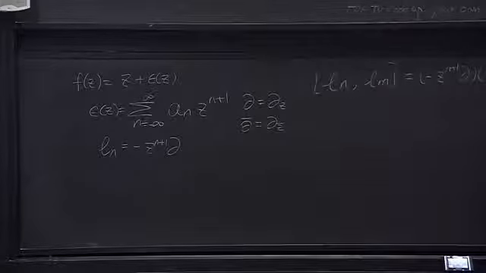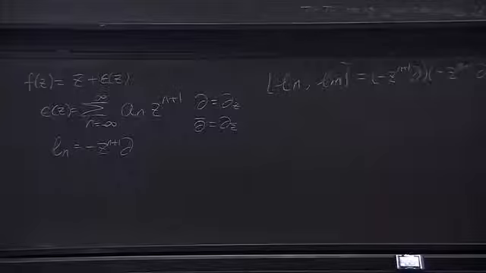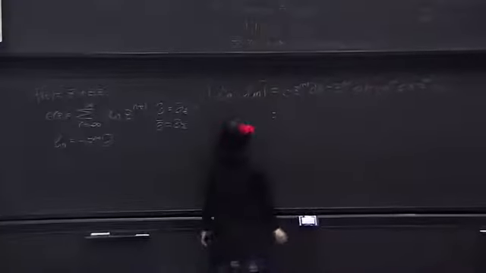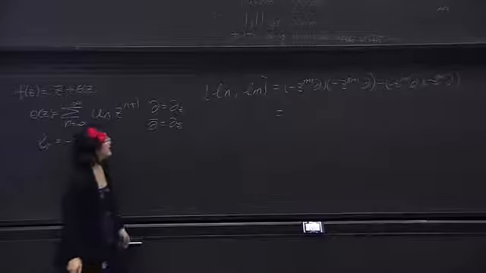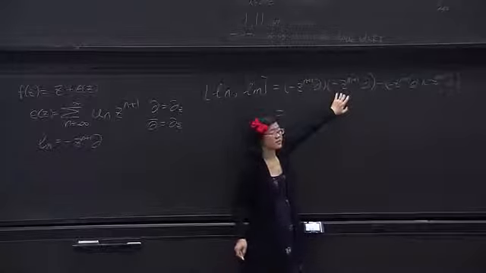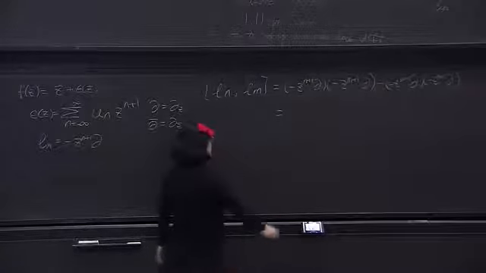Since this is a commutator, I have another term just switching them. Okay. So the only non-vanishing term is when this partial acts on this, because the other one would be canceled by the second part of the commutator.